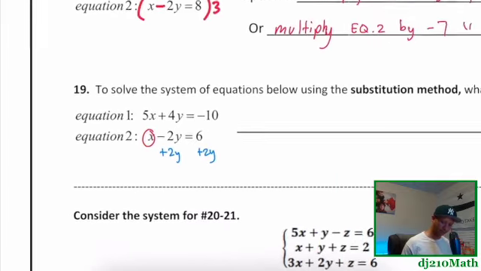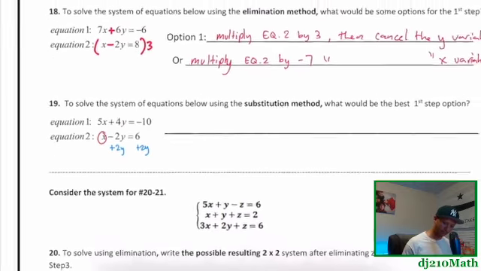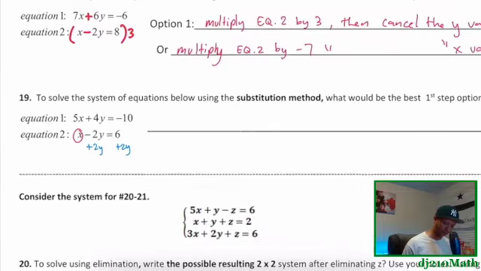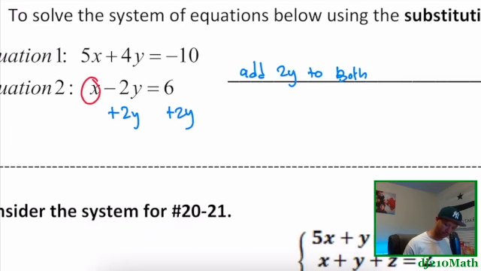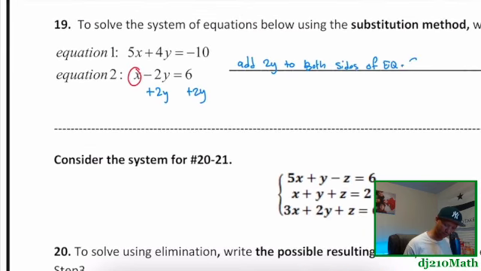So that's what I'm going to do. That would be the best first step option. Add 2y to both sides of equation 2.